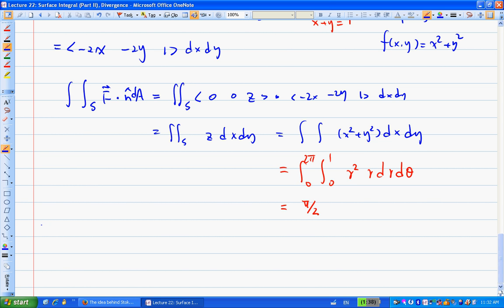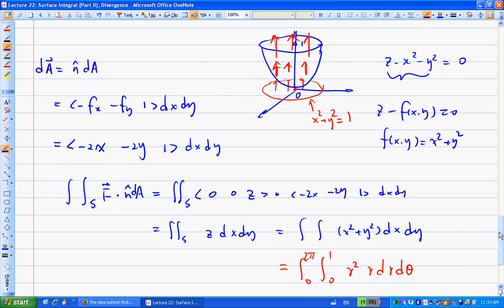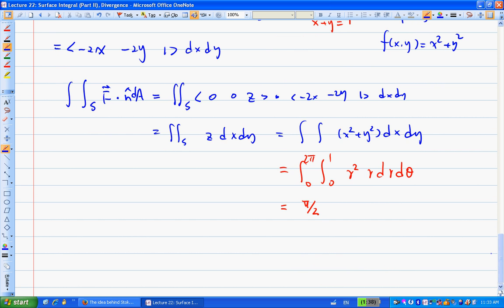Okay. So I'll skip one example of the surface integral here. In my lecture notes, I also included two more cases of surface integral. One is the so-called implicit surface, when z cannot be expressed in terms of f of x, y. For example, x squared plus y squared plus z squared equal to 1 is implicit, right?